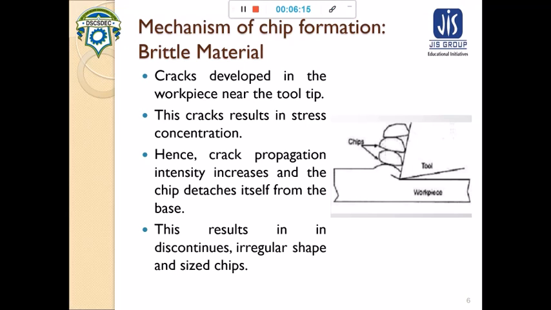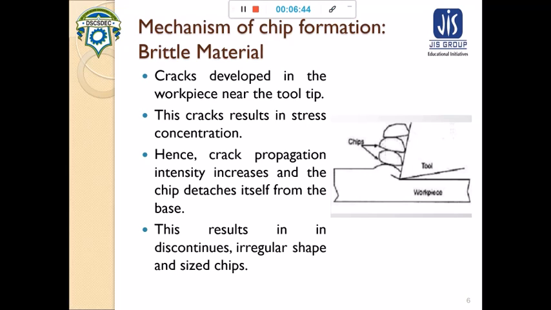Those cracks contain stress concentration, and when this stress concentration increases, abrupt breaking occurs. Due to this abrupt breaking, discontinuous chips can form, and these discontinuous chips are of irregular shape and size.